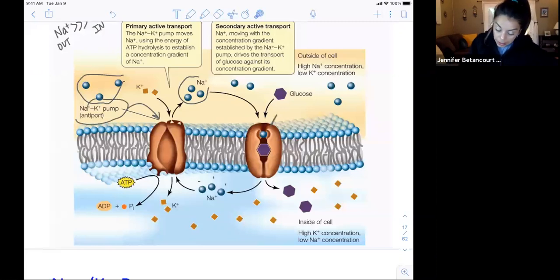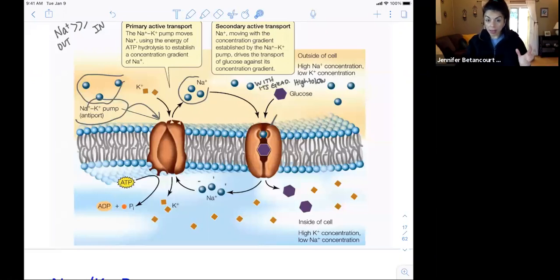So essentially what ends up happening is this senses the severe concentration of sodium on the outside, and this is going to transport sodium. This time, sodium is moving with its gradient, because it's going from high to low. That's what this pump does. It's going to transport it from high into the cell to try to reach equilibrium.